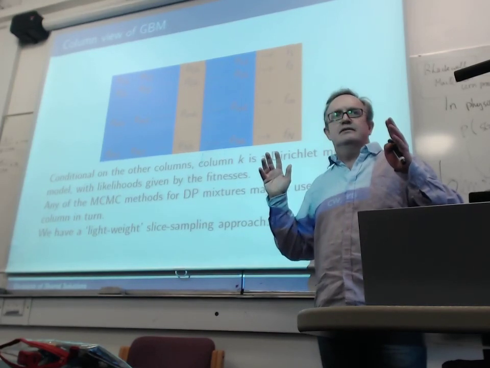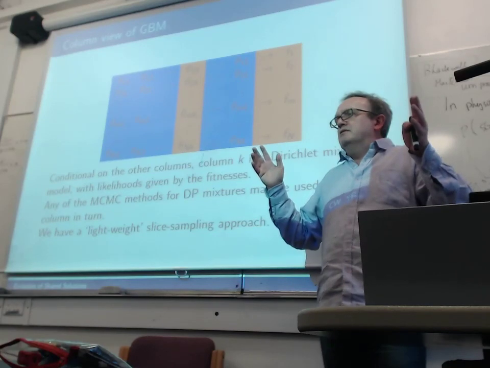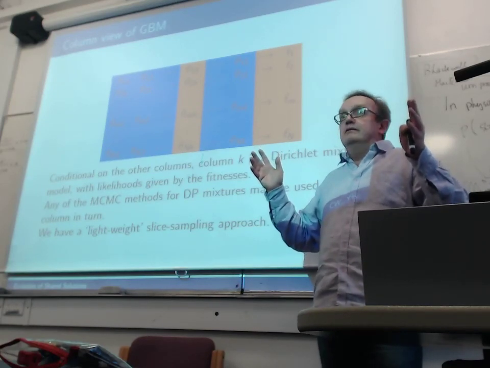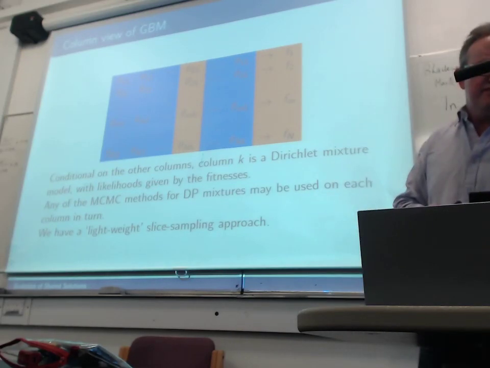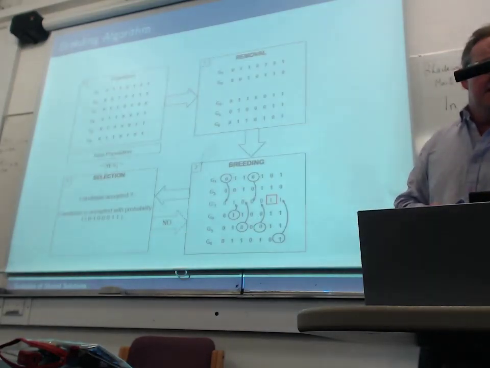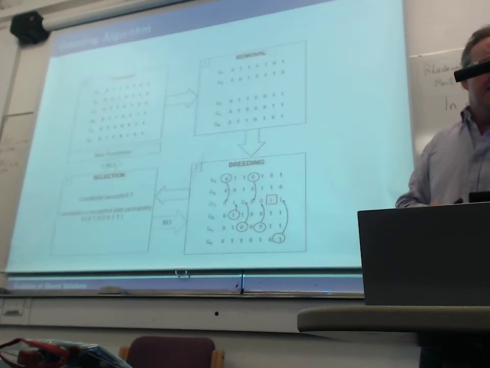Okay? So all of these things will find you the same distribution in the end, but some of them may do it much faster than others. Right. So this is just a breeding algorithm, which I think I'll leave you with.